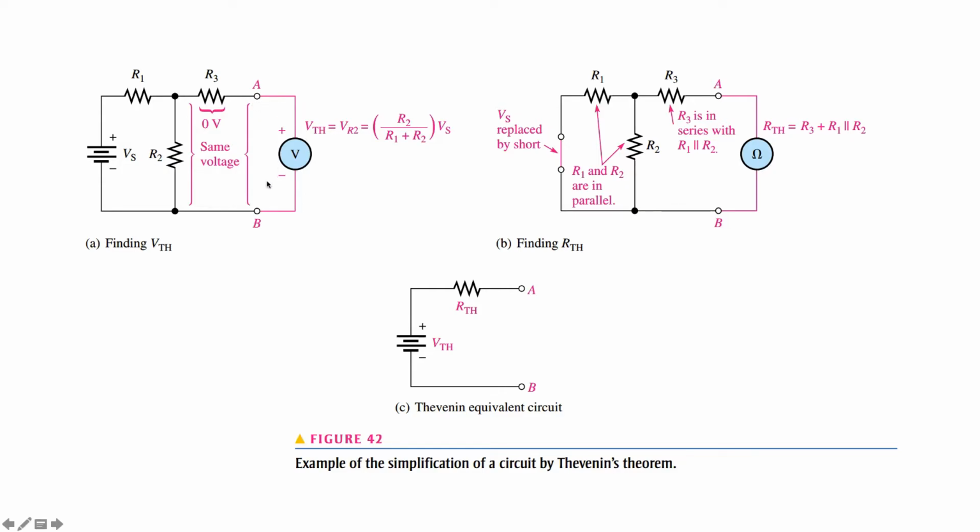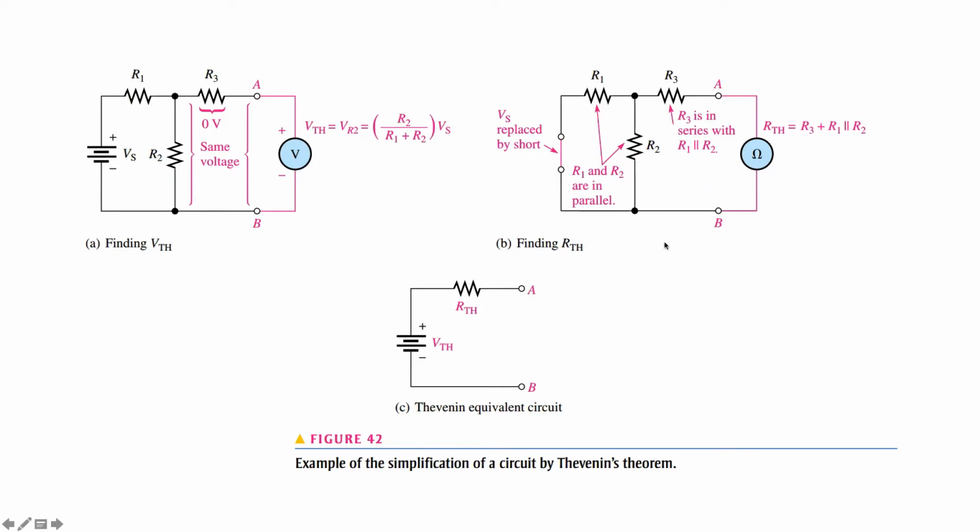If this circuit is open at these terminals, then there's no voltage across R3. This is because there's no current passing through R3. We then end up with the Thevenin equivalent voltage being the same as the voltage divider as shown. That is, the Thevenin voltage is equal to the voltage across R2, which is equal to R2 over R1 plus R2 times the source voltage.